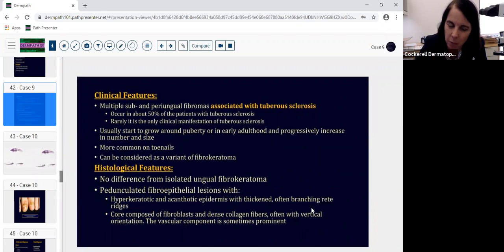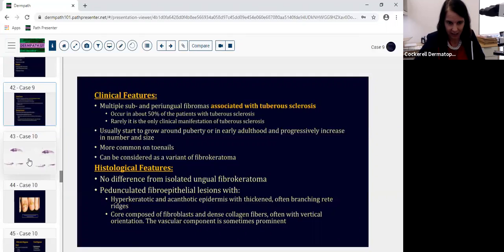So we saw a somewhat dome-shaped, it wasn't really pedunculated, but it was more dome-shaped fibroepithelial lesion. There was hyperkeratosis, acanthosis, and branching rete, and the core was composed of fibroblasts and dense collagen fibers with that vertical orientation. The vascular component was somewhat prominent here.